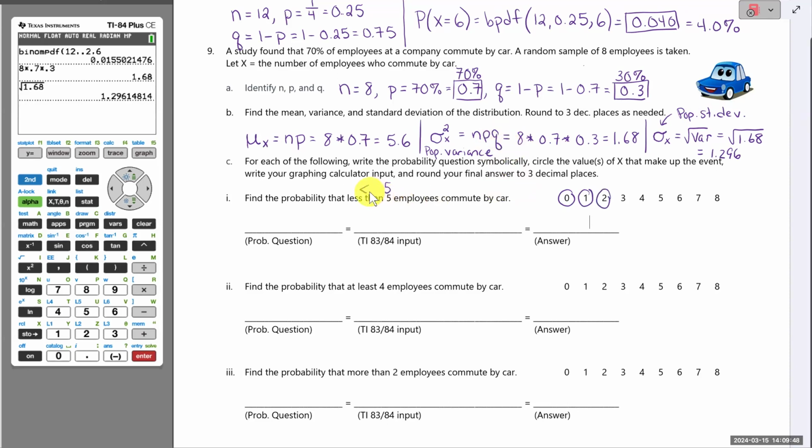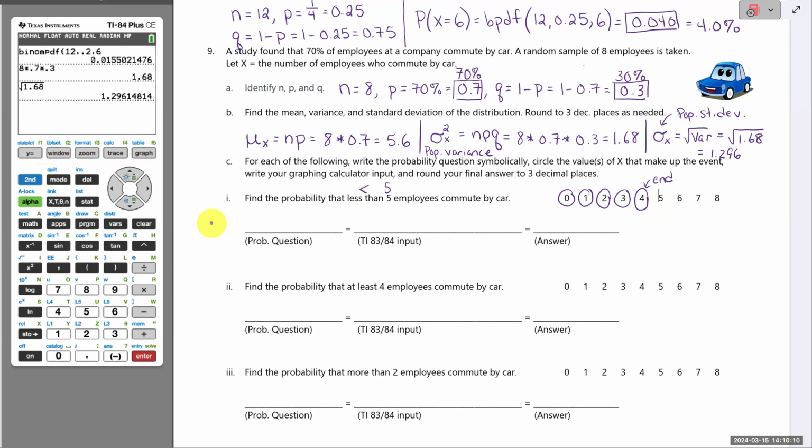We're going to keep going until we get to our biggest value. There would be 4, because we want the successes to be smaller than 5. So basically, I'm going to have the calculator add these individual probabilities for me, and that's the binomial CDF function.